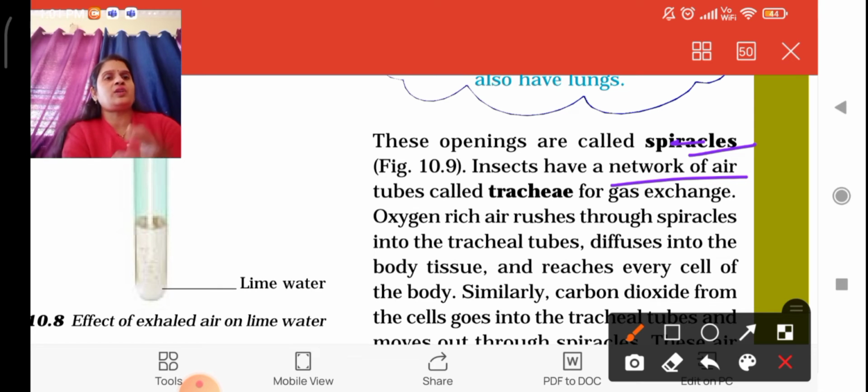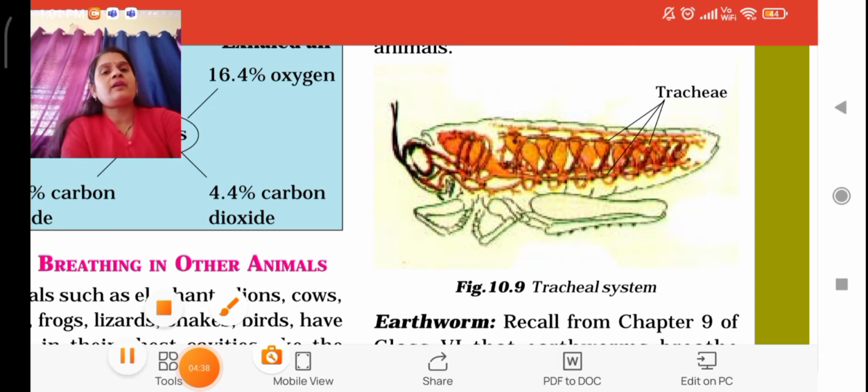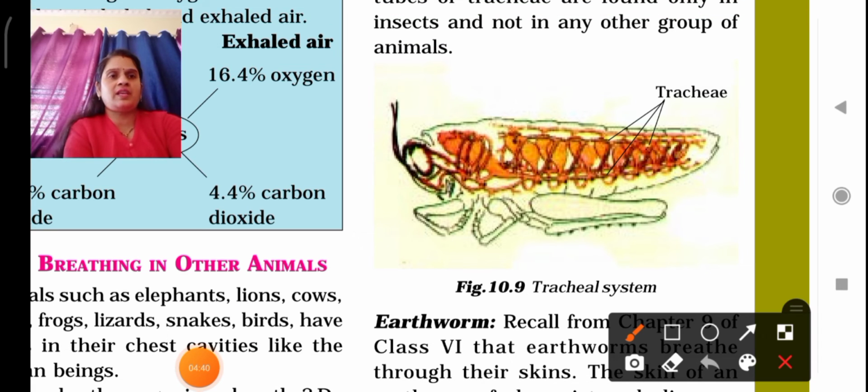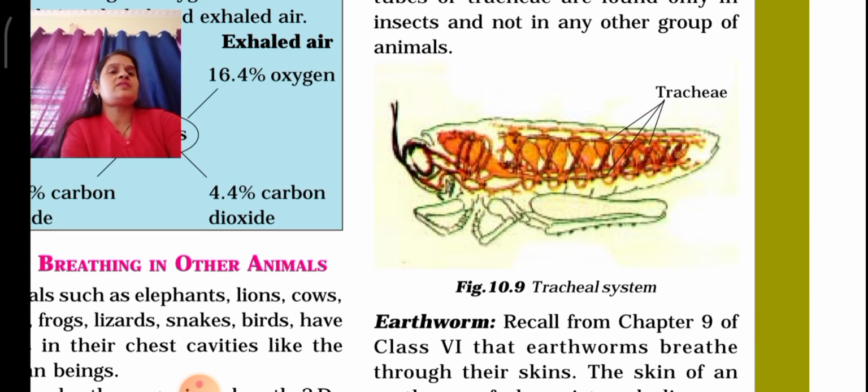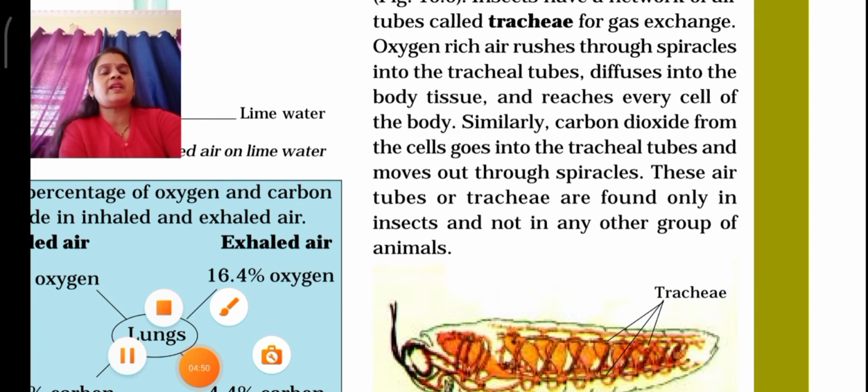Insects have a network of air tubes called trachea. In our human body also, when we breathe in, which tube is used? Trachea is used. Here also this part is called trachea, which helps to take air into the body.